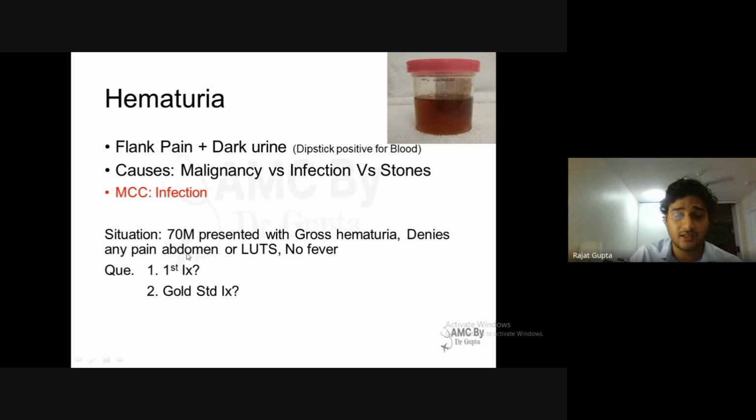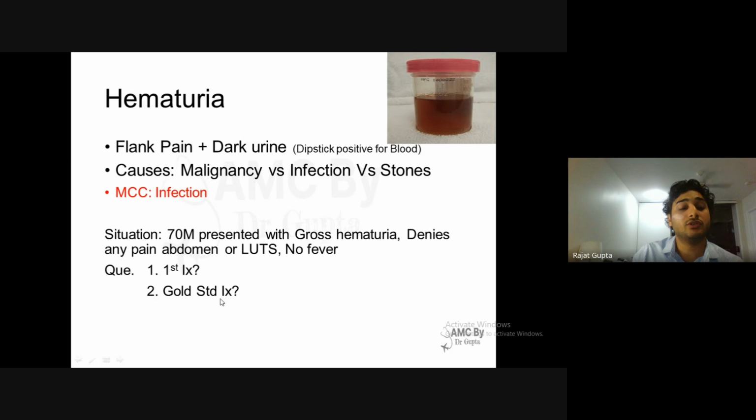So first investigation should be... sorry, first investigation we should always confirm the hematuria with urinary MCS, and we can go for CT abdomen. But the gold standard is going to be? Gold standard? Cystoscopy, yes, definitely.